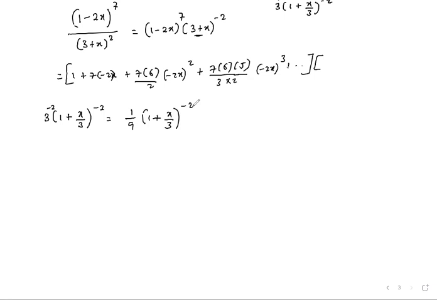You can do the expansion here. So that 1 over 9 is written here. And then you have 1 plus minus 2x over 3.